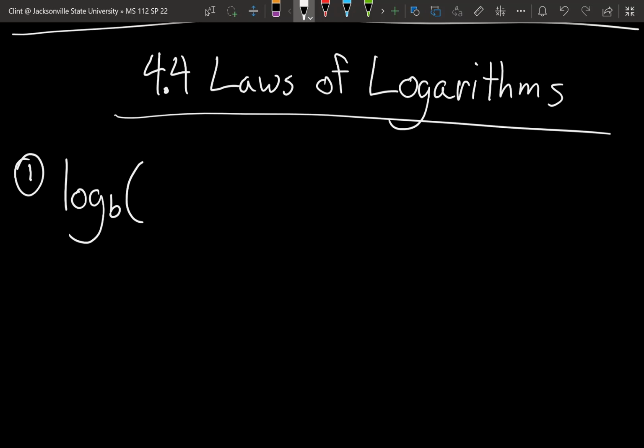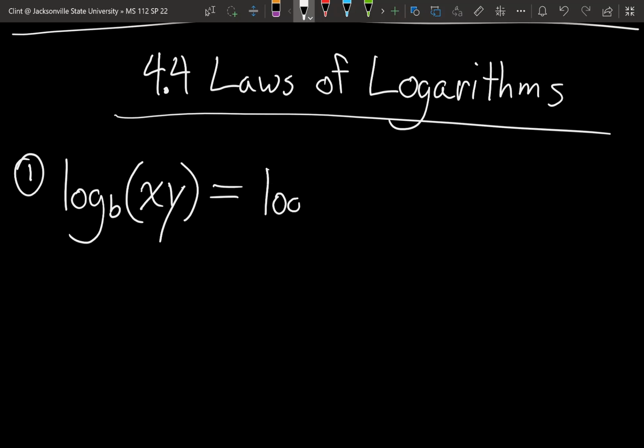If we have the logarithm of a product, so logarithm of x times y, then we can expand this and split it up.